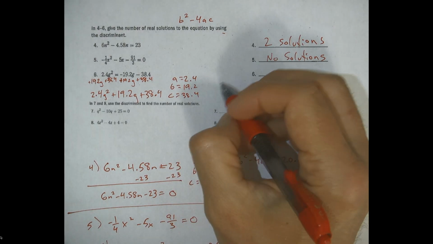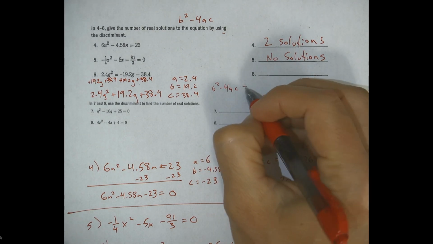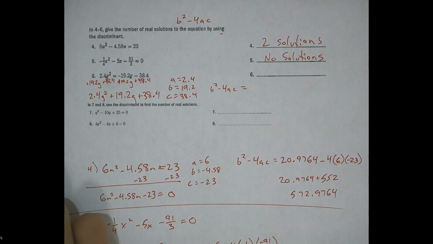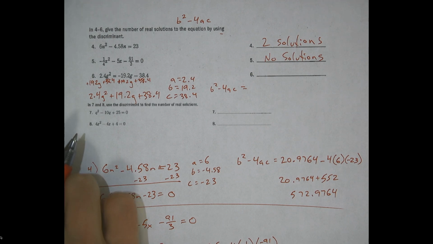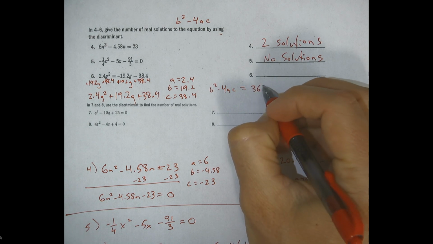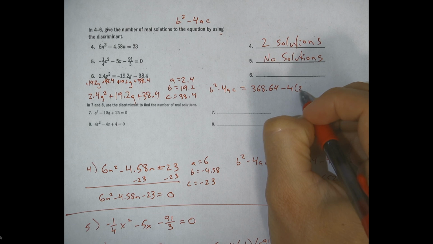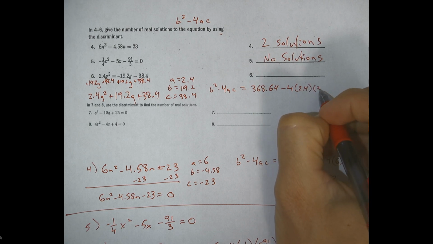So let's see what happens. We're plugging into b squared minus 4ac. So b squared, 19.2 squared gives me 368.64 minus 4 times 2.4 times 38.4.